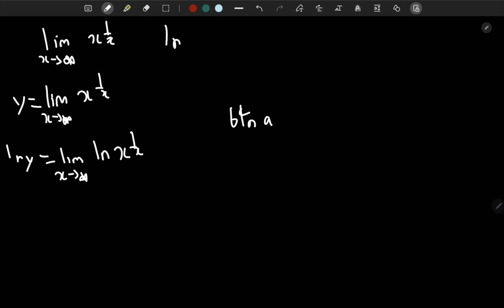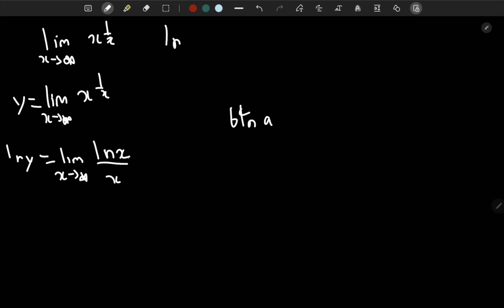So here we have the same thing: 1 over x multiplied by ln of x. And now we notice that we have a fraction, simply ln x over x, right?